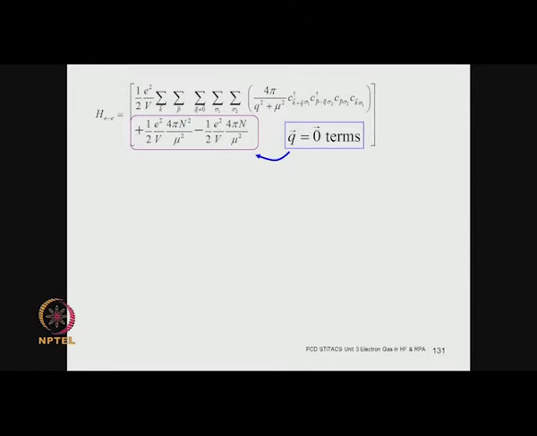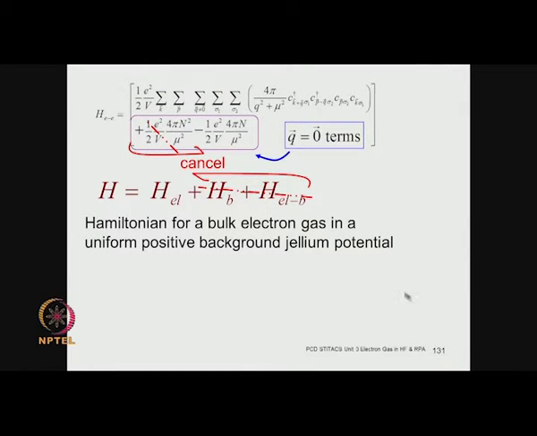So, we have the q equal to 0 term. This part of the divergence cancels the background and the electron background Hamiltonian. This part is taken care of when you take the limit V going to infinity. Having done this, this term is also lost, and now we take mu going to 0.